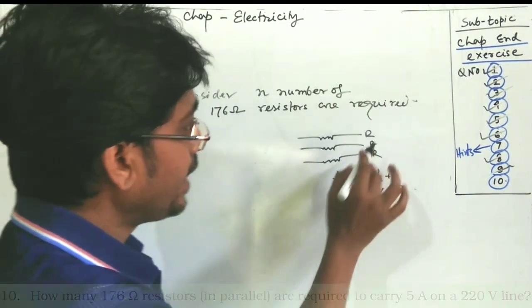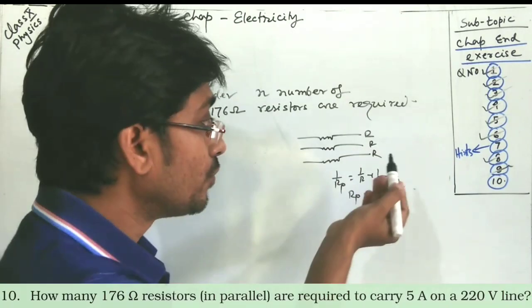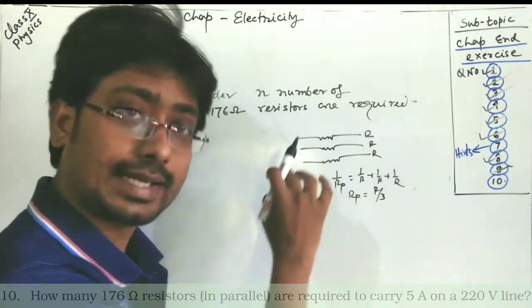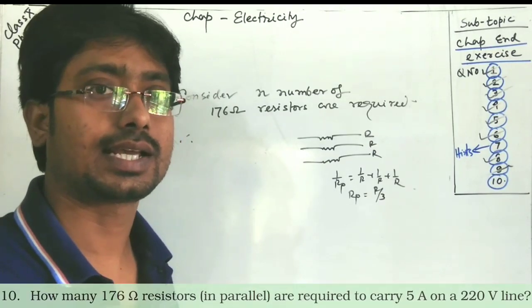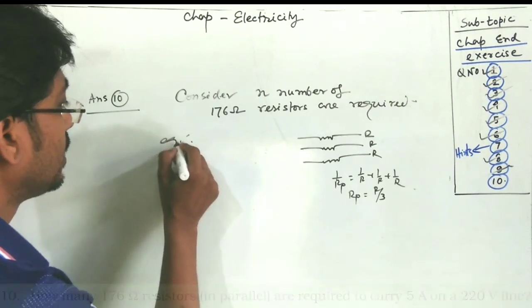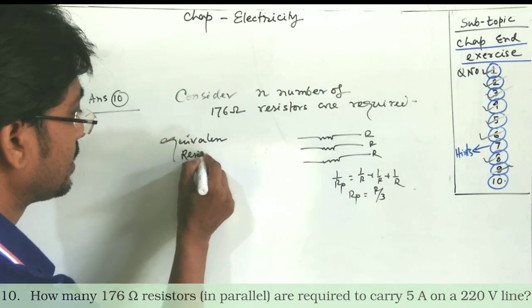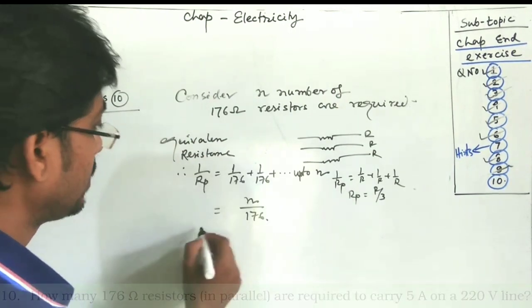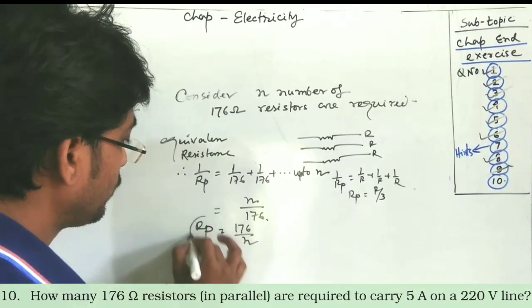So if n number of R are connected, then what will be the equivalent resistance? R by n. So if n number of 176 ohm resistances are connected in parallel, then what will be the effective resistance? Rp will be equal to 176 by n.